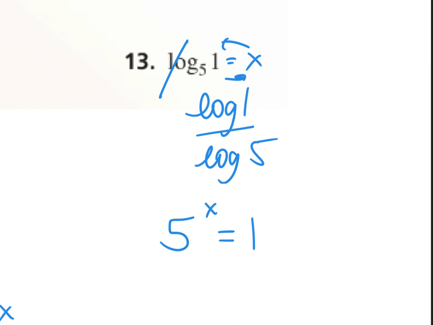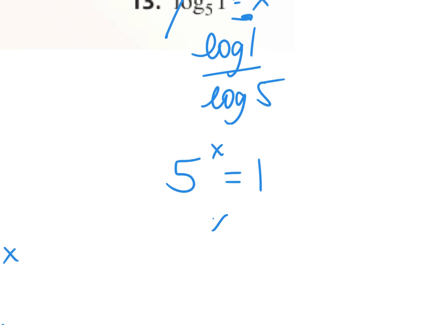What is the only way that you could multiply 5 by something and then get a 1? It would be 0. Anything to the 0 power, guys, is what? What's anything to the 0 power? 1. So the x value here would be 1. Just kidding. X is 0. Anything to the 0 power is 1. Sorry.